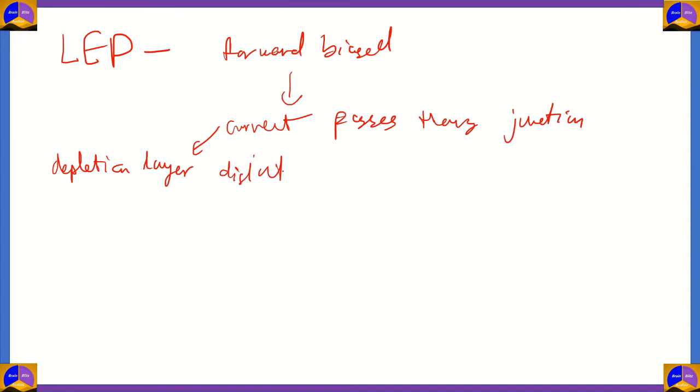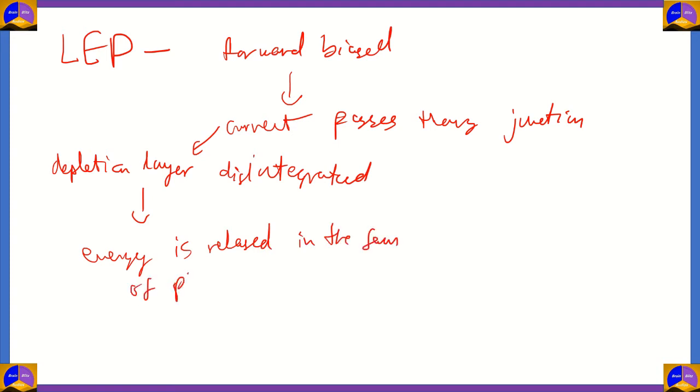So how does it disintegrate? Well, at the depletion layer, more of the positive holes combine with the negative electrons. When that happens, energy is released in the form of photons, and photons are basically light. So due to the decrease in the depletion layer, you get light. Light is emitted from a light emitting diode, and hence the name.